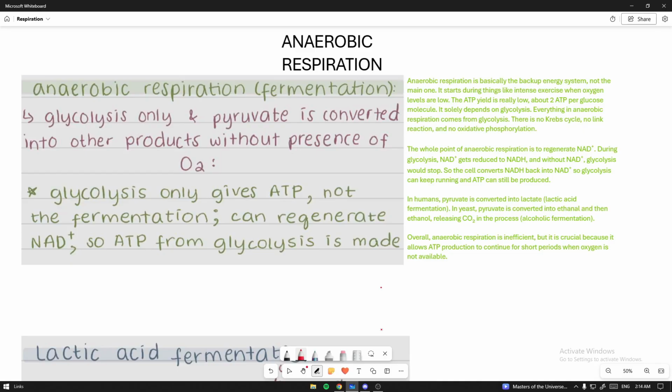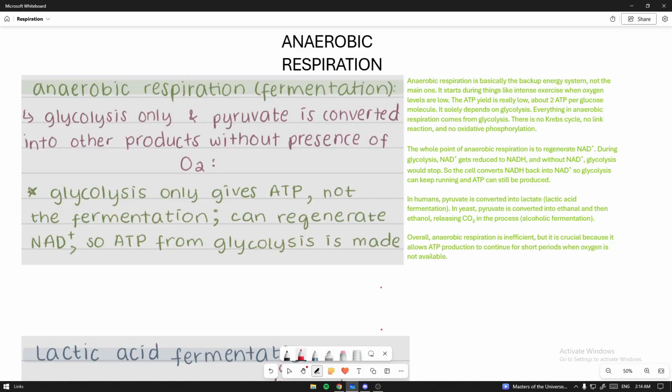Glycolysis. Anaerobic respiration: glycolysis only, pyruvate is converted into other products without the presence of O2. No O2, hence the name anaerobic. Glycolysis only gives ATP.